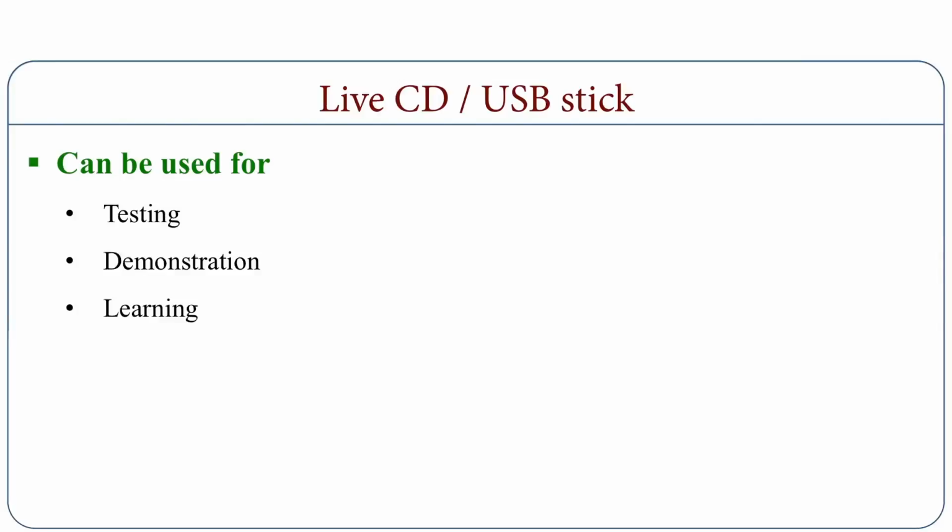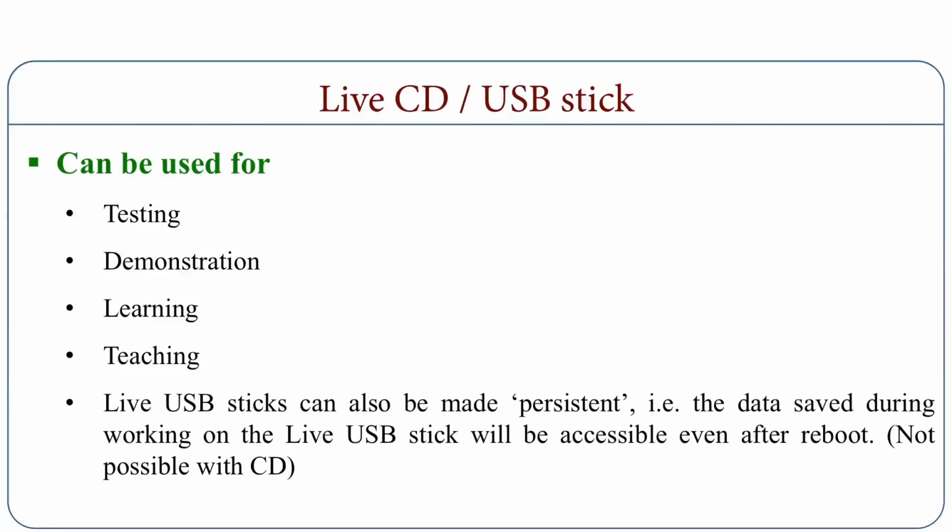I can use it for learning, I can use it for teaching, and there are live CDs available which help you in rescuing your system. For example, if your system is stuck, hung up, there is a system rescue CD which is again Linux based, which you can use to repair your system, retrieve your lost data and get your system back to its previous working state.